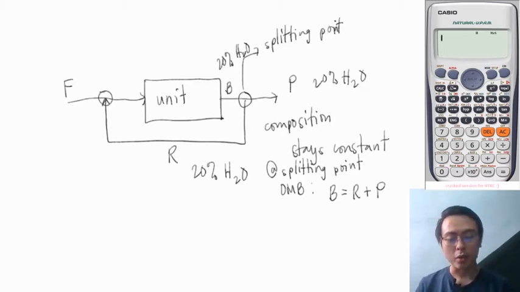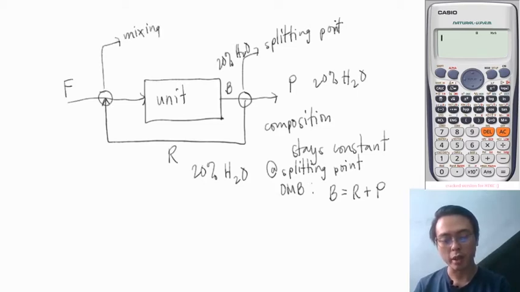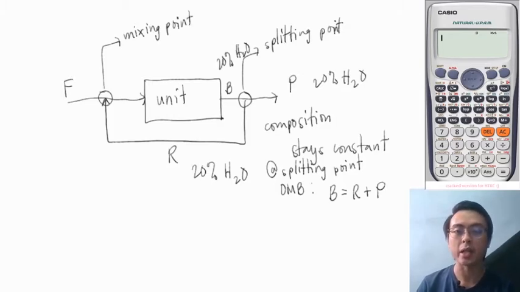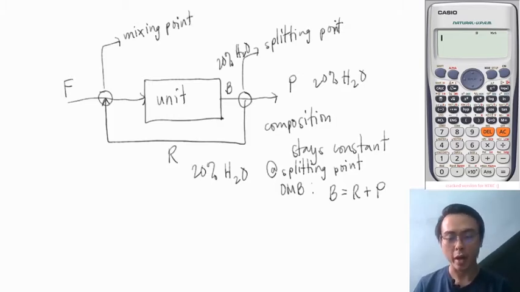Now the other point, at the end of the recycle stream, is called a mixing point. It's called the mixing point because it is at this point that we are mixing the recycle stream with the F. In the case of recycle, this F is now called the fresh feed, because we now have two types of feed.